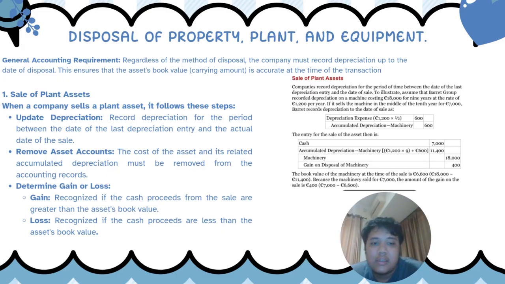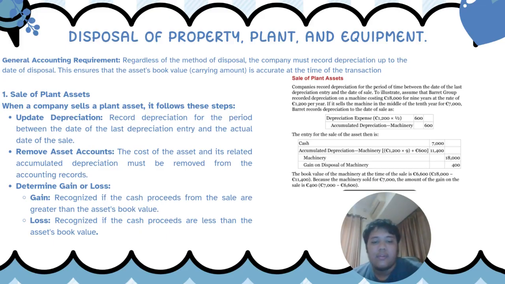Next is the sale of plant asset. When a company sells a plant asset, it follows a few steps. Firstly is the update of depreciation, where we record depreciation for the period between the date of the last depreciation entry and the actual date of the sale.